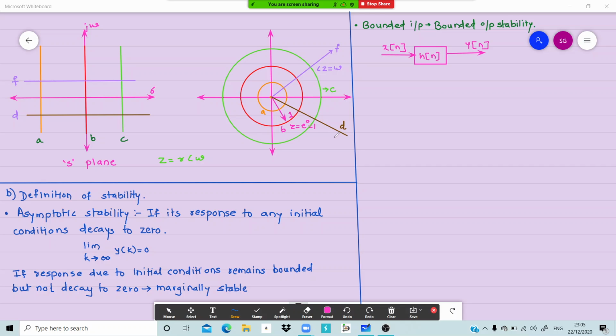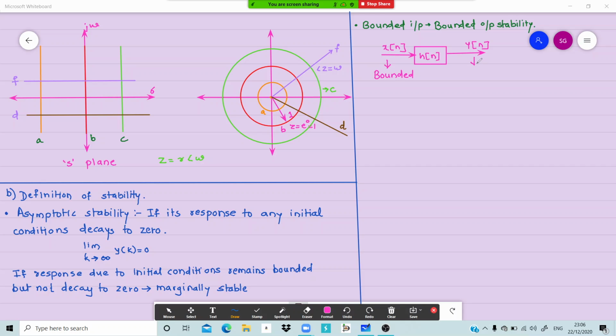And if this is bounded, bounded means within some range, the value of the input is not exceeding a particular limit, that means it's bounded.